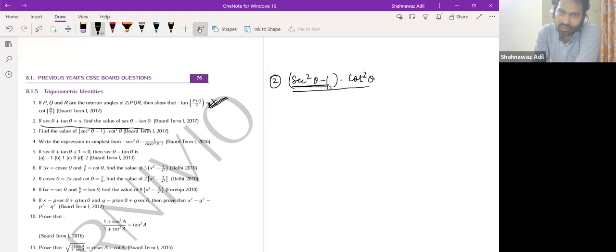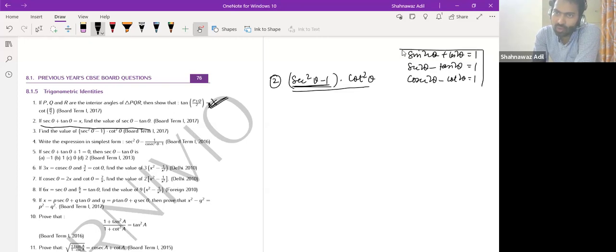Again, remember the identity. What would be sec square theta minus 1?